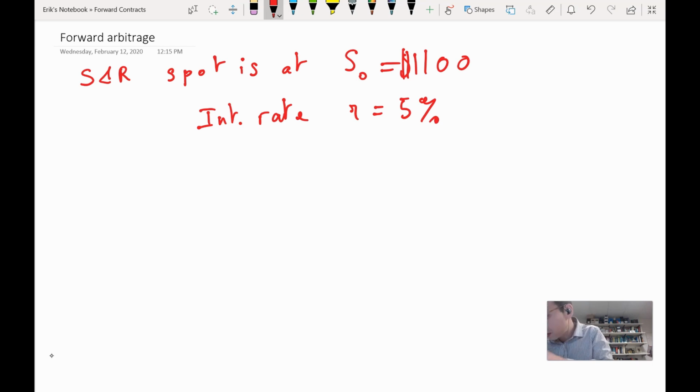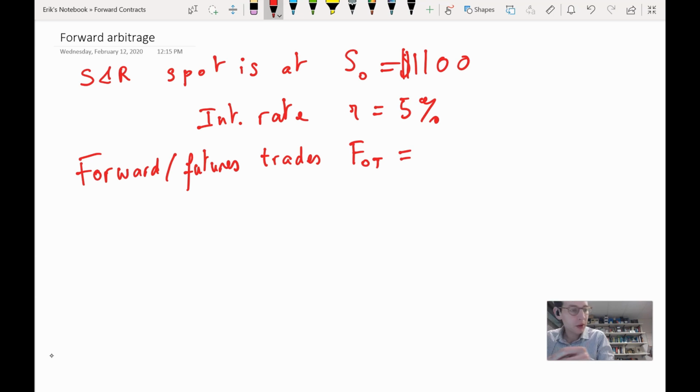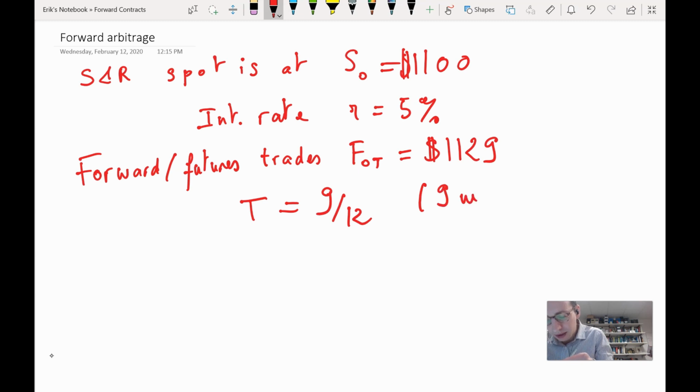And last, we are told that there is a forward, or futures, that makes more sense to think of it as a futures trade on an exchange, which trades at something like 1129. There's one last piece of information: we are talking about a futures at 9 months. So maturity is really 9/12 if you want to think in terms of years.